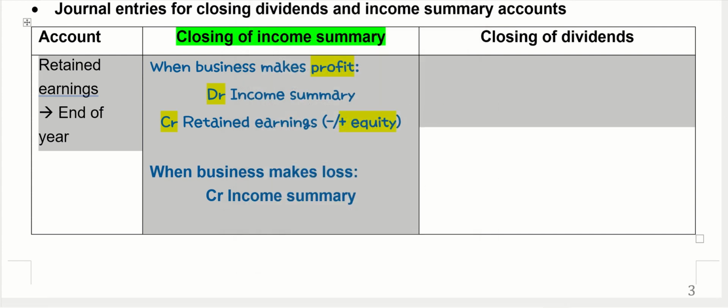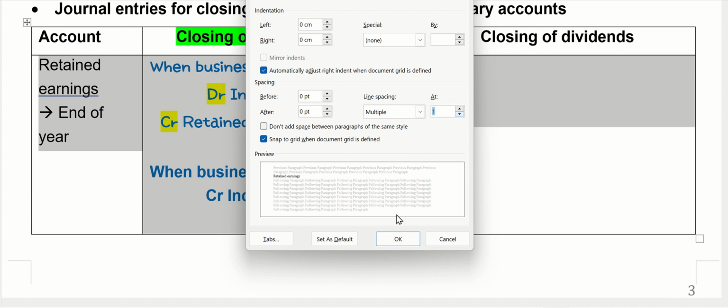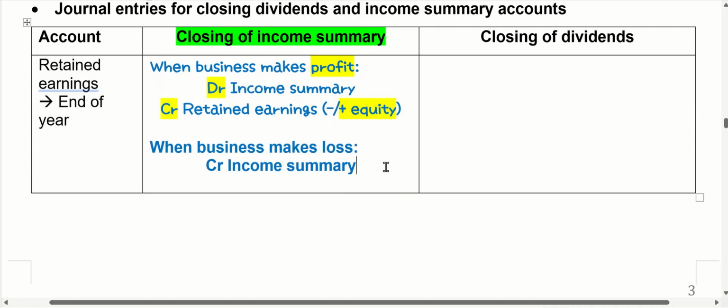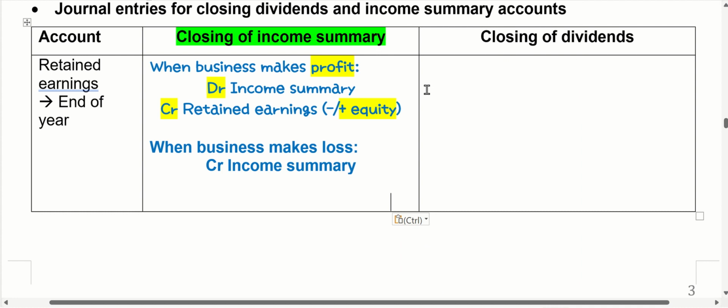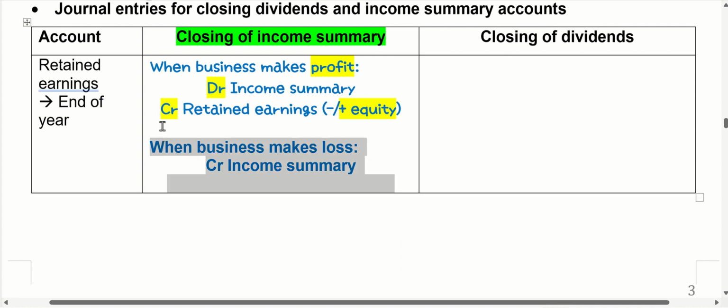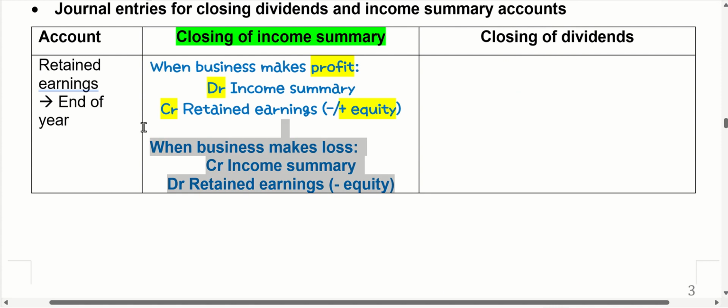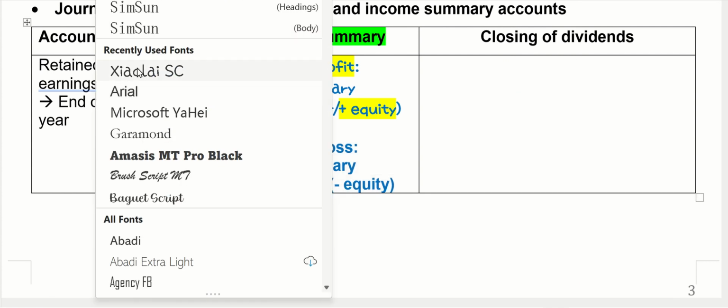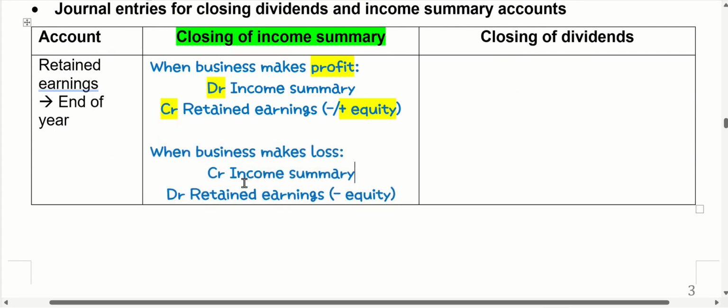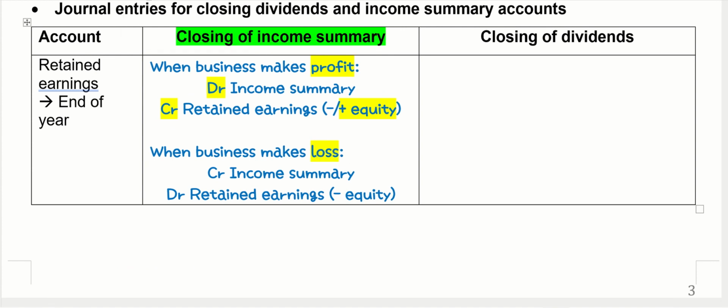All right, if the business makes a loss, we record credit income summary and debit retained earnings. Why? Because losses, remember just now we did that question, losses will cause your retained earnings to go down.